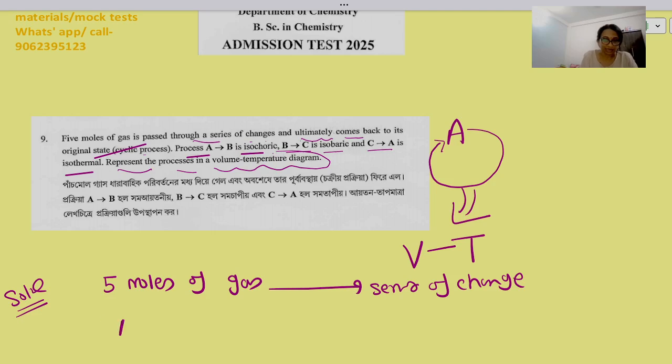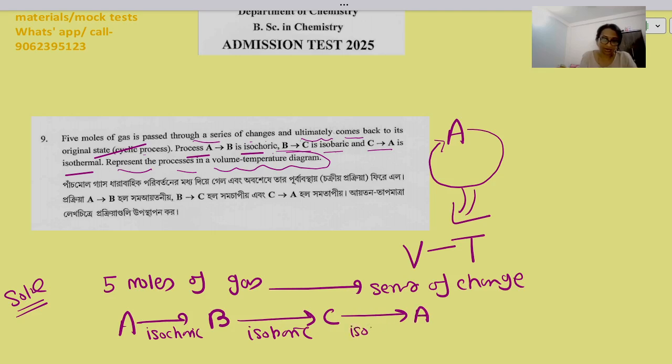A to B is isochoric, and B to C, according to our question, is an isobaric process, and C to A is an isothermal process.